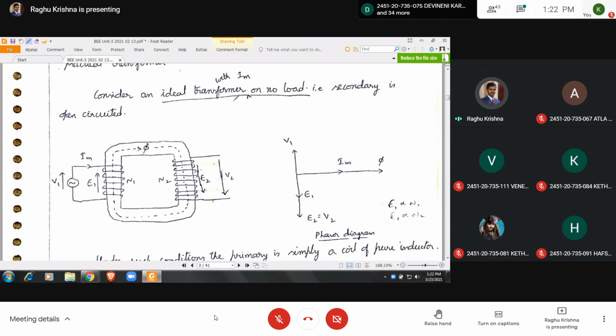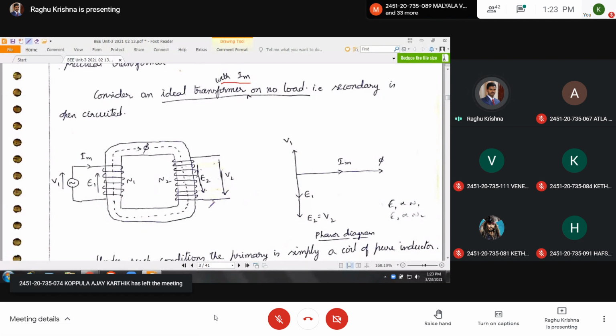So here consider an ideal transformer with IM. Instead of zero magnetizing current, we are considering IM on no load, that is, the load is not connected. As the load is not connected, the terminal voltage V2 will be equal to E2, because there is no voltage drop.